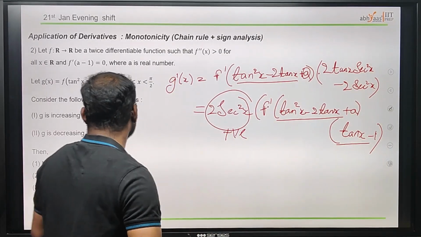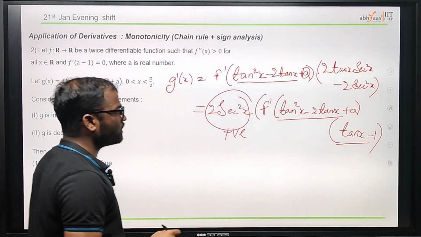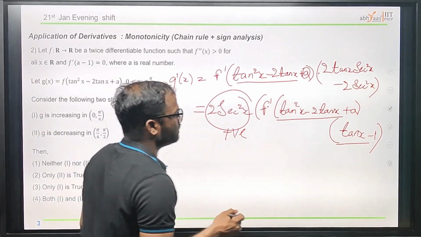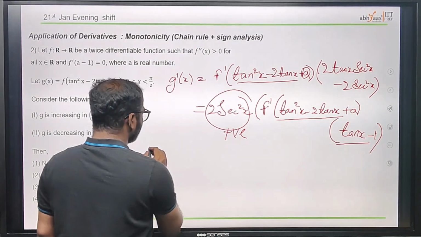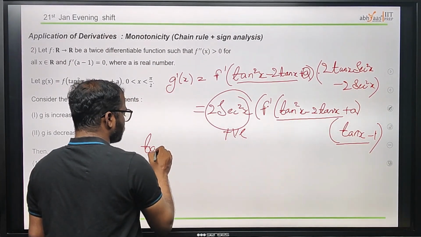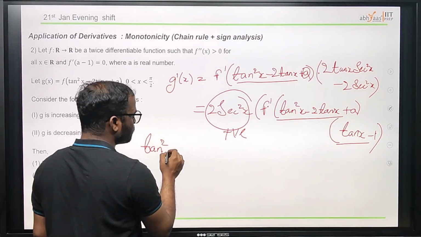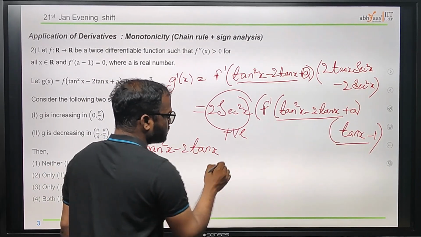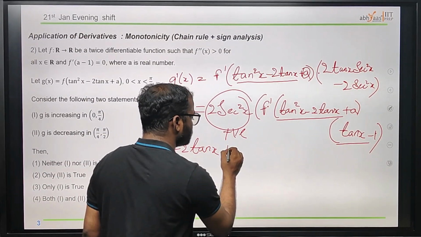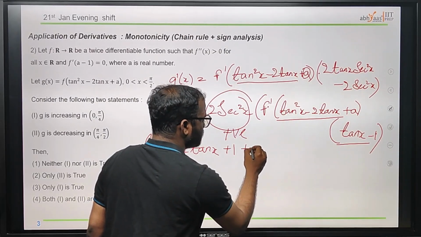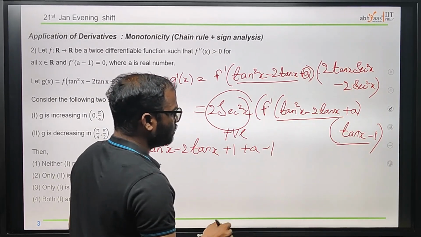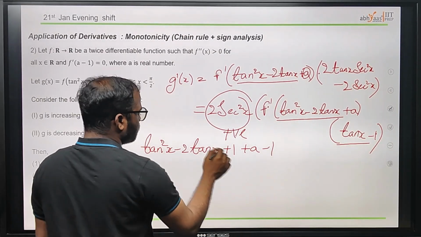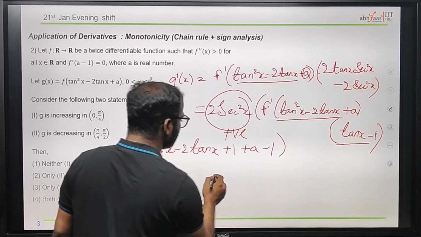In order to check whether it is increasing or decreasing, by checking positivity we can say easily. First we need to check the term tan square x minus 2 tan x. Just add plus 1 and minus 1, so we have tan square x minus 2 tan x plus 1, plus a minus 1.